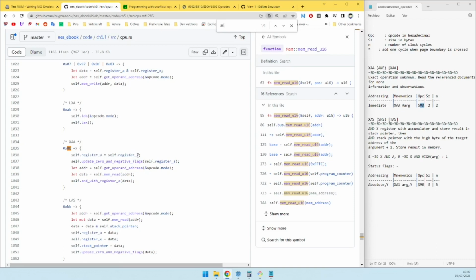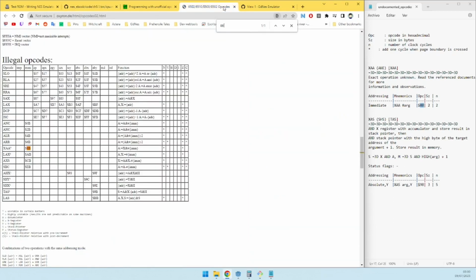A equal X, affects zero and negative, reads the address, and then makes A and register A. What?